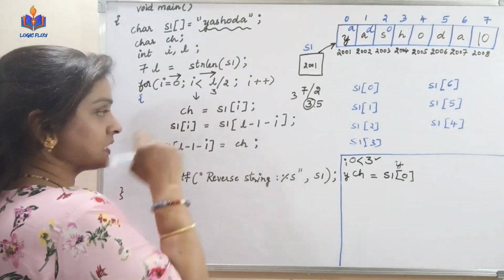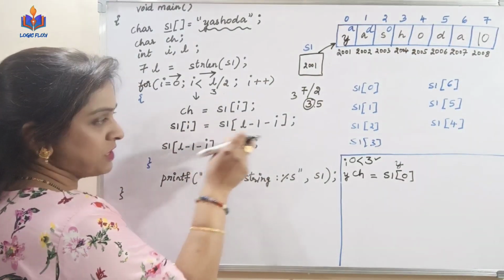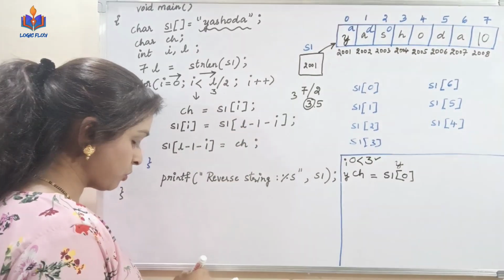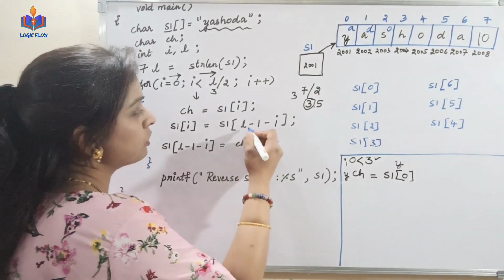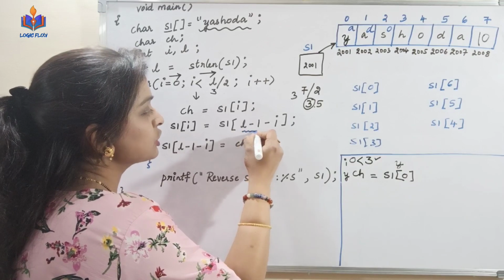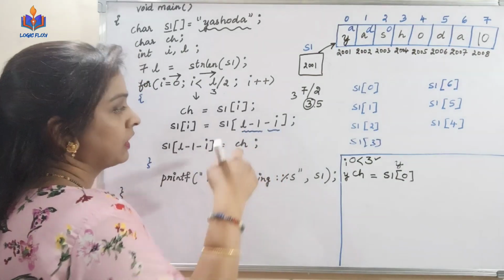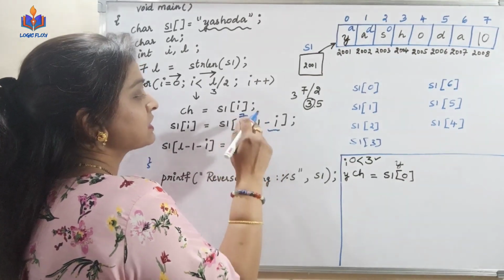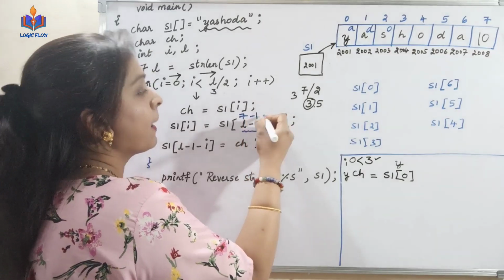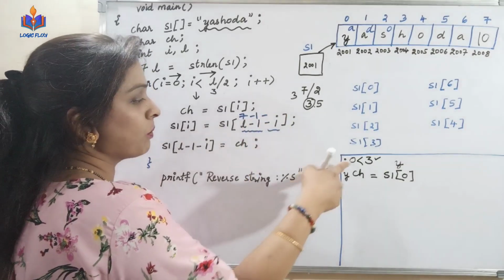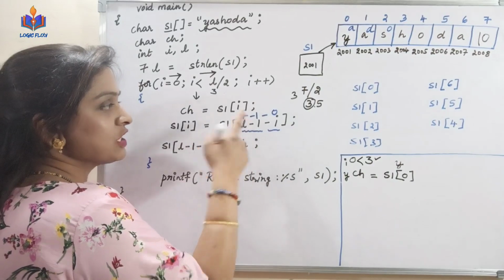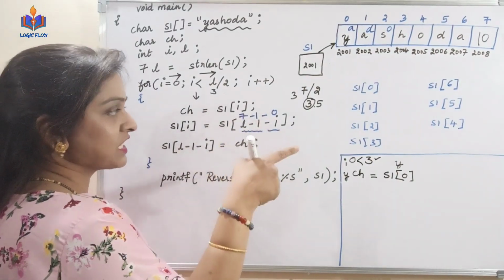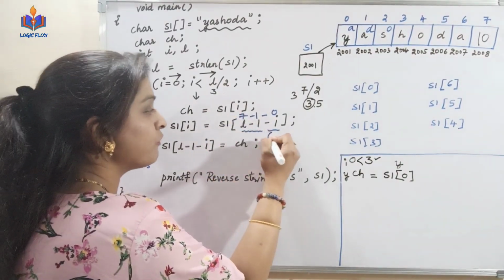Now, next step. Look here. Some complication is here. I say S1 of length minus 1 minus I. Length is 7. 7 minus 1 minus I. I is 0. 7 minus 1 is 6. 6 minus 0 is 6. It means it is S1 of 6.